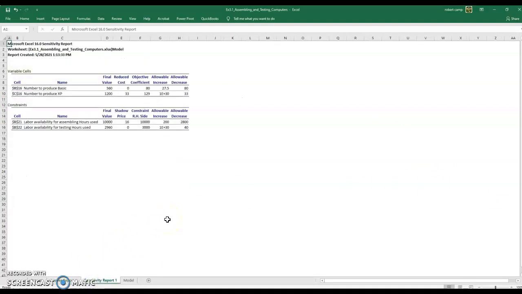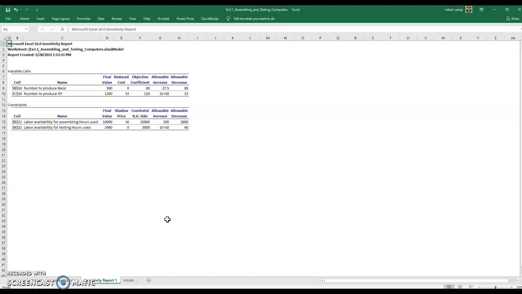This gives us similar information to the answer report, but it's talking about the sensitivity of what's going on. So there's a lot in this one. And so this provides sensitivity analysis on the objective, how the objective is affected by each decision variable.